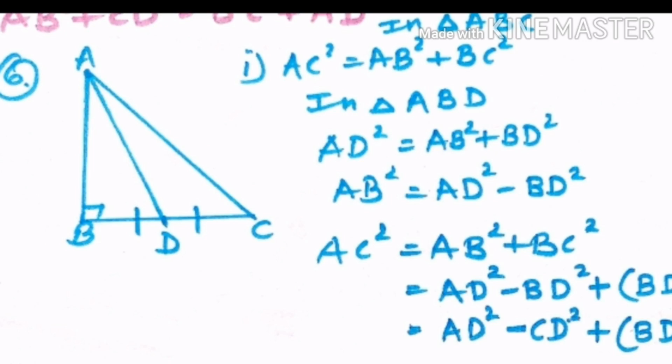Now, in triangle ABD, using Pythagoras theorem, AD square is equal to AB square plus BD square. From that result, we can get AB square is equal to AD square minus BD square, because in our result we need AC square. So now we take AC square, that first theorem used in triangle ABC, AB square plus BC square.